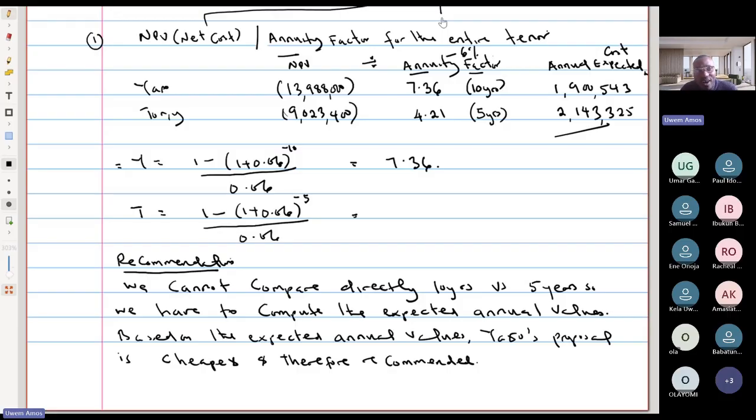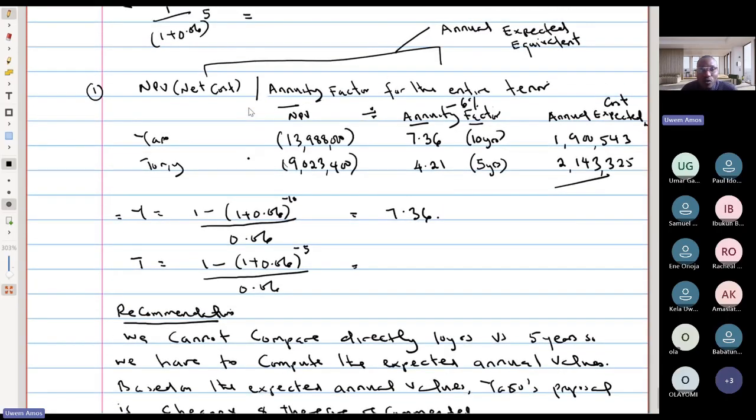So you need to look for a way to find the annual expected value. And how do you find it? Whatever the net cash flow is from each of those projects, you divide it by the annuity factor for the entire term of the project. And then you compare them, and that way you can find on an annualized basis which of them is a better project. Okay, so that's our question 1.